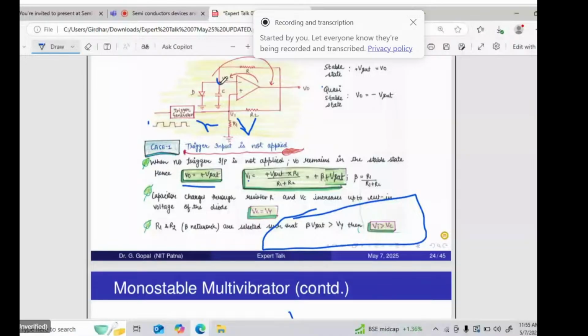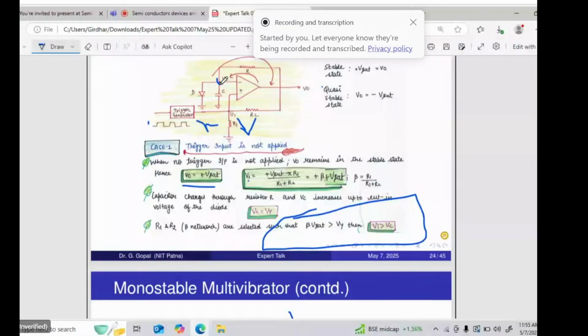When there is no trigger, the output is plus V set. When you apply the trigger, what is the output? At this moment, the output instantaneously switches to minus V set due to this trigger. I am repeating again: due to the negative spike, this voltage V1 will decrease. If V1 decreases, the positive terminal is decreasing.